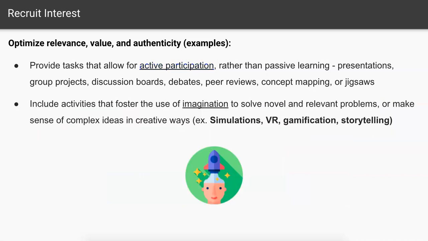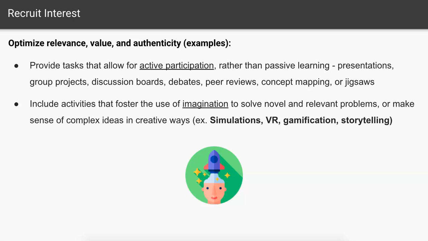Additionally, you'll want to include activities that foster the use of imagination, engaging students by allowing them to make sense of complex ideas in creative ways. So, things like simulations. For example, I know in business courses, Harvard Business Publishing has a lot of gamified simulations out there.